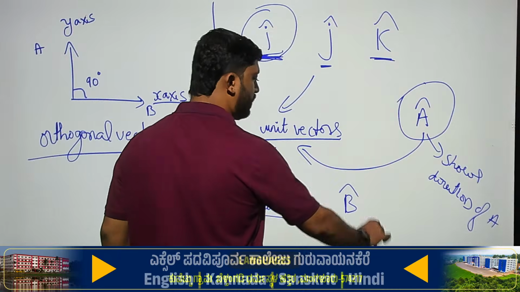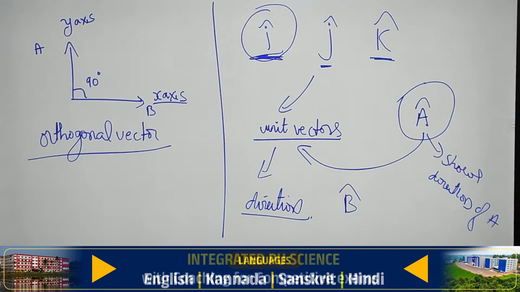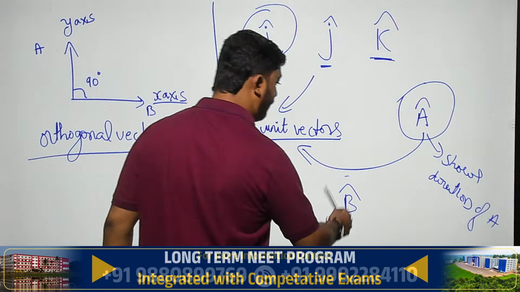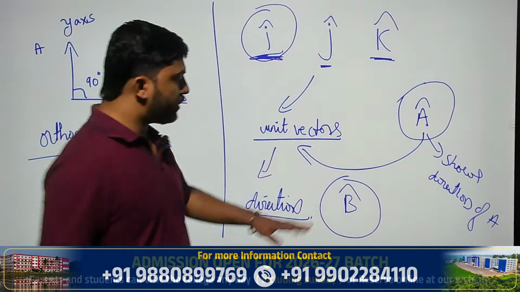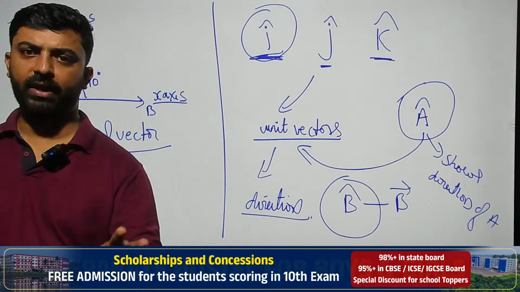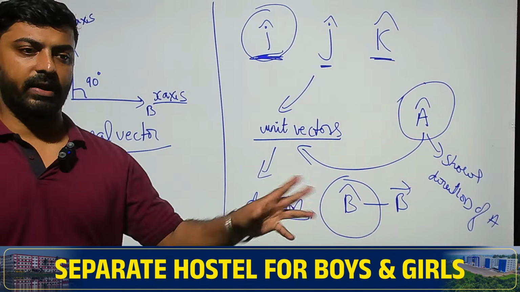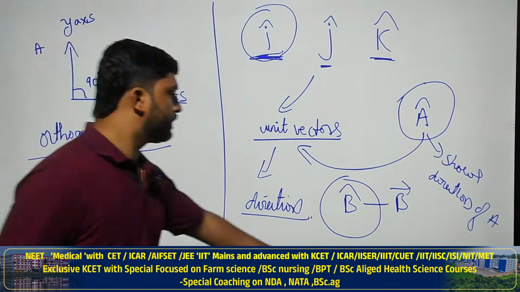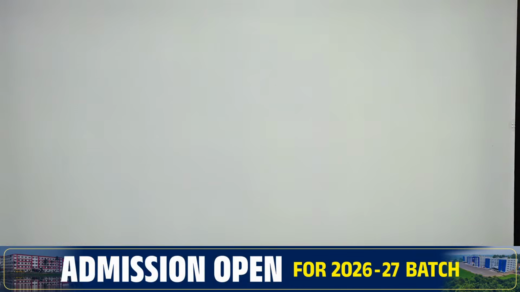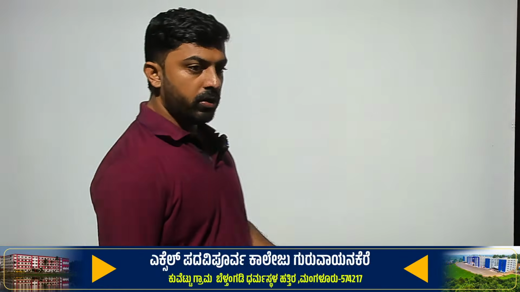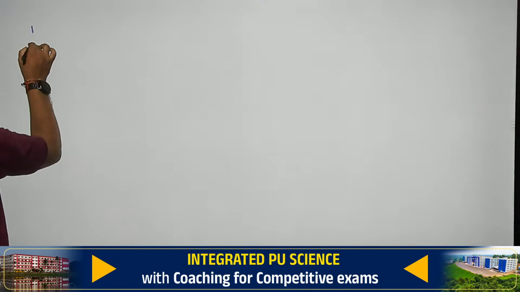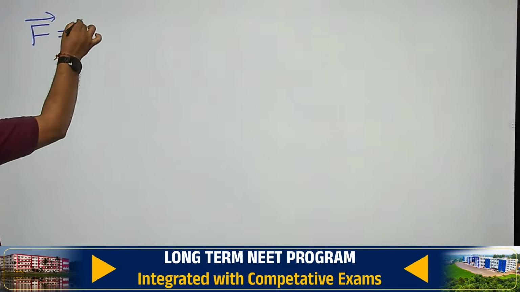And B cap is the unit vector of B, and it shows the direction of the B vector. In some problems, they will ask us to find a unit vector. A unit vector shows the direction of a given vector. For example, if I write F vector is equal to 2i cap.